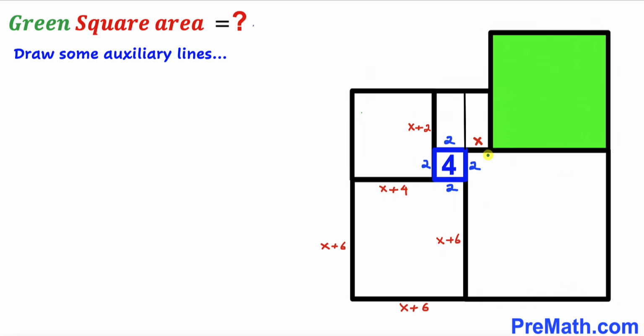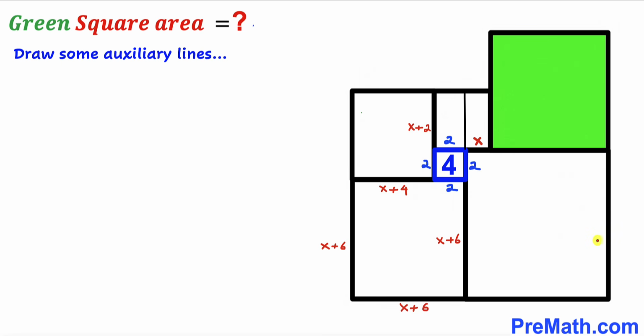And finally, we are going to focus on this largest white square. We can see that this side length is x plus 6, and this tiny length is 2. So the whole side length of this largest square is x plus 6 plus 2, which gives us x plus 8.